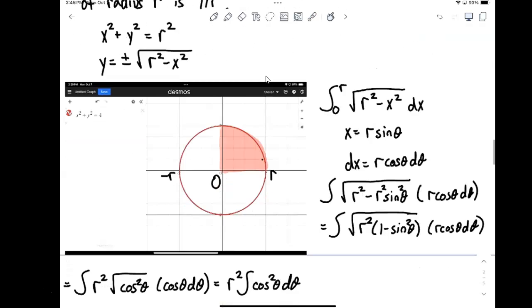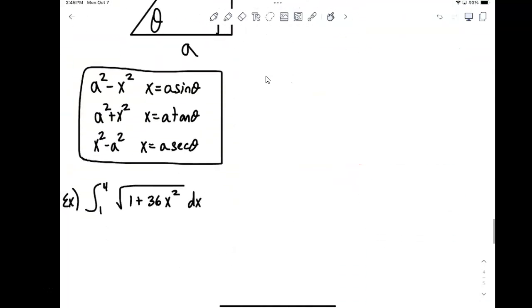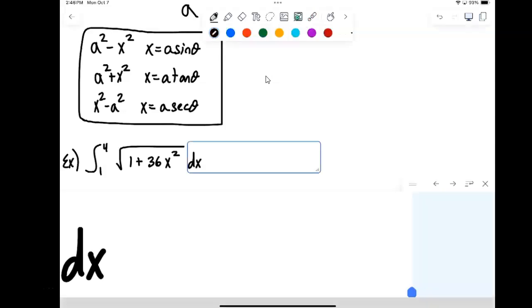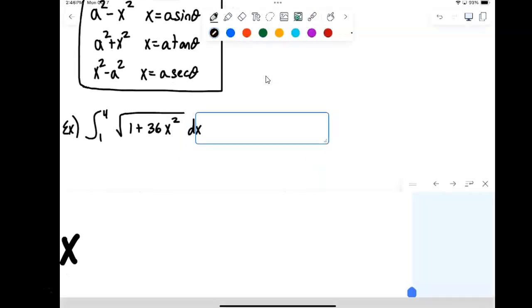So let's do that. We recognize that we are dealing with a tangent substitution, because this is 1 plus 36x squared. Now the formula calls for a squared plus x squared, so the first thing I need to do is rewrite that as some quantity squared.